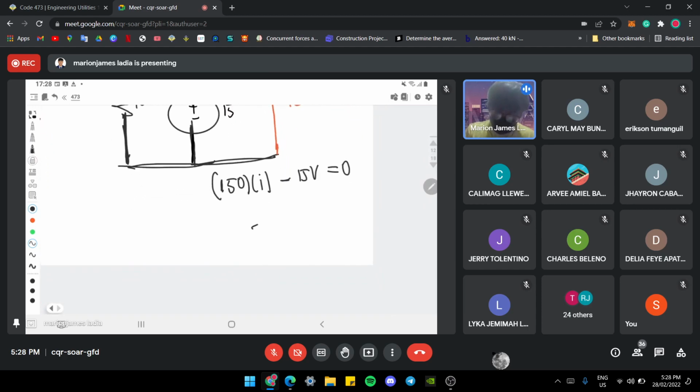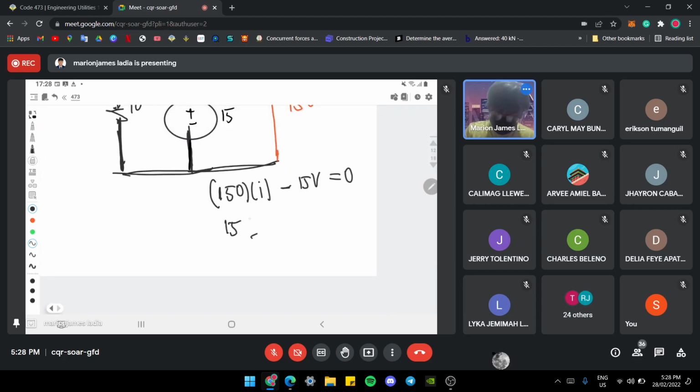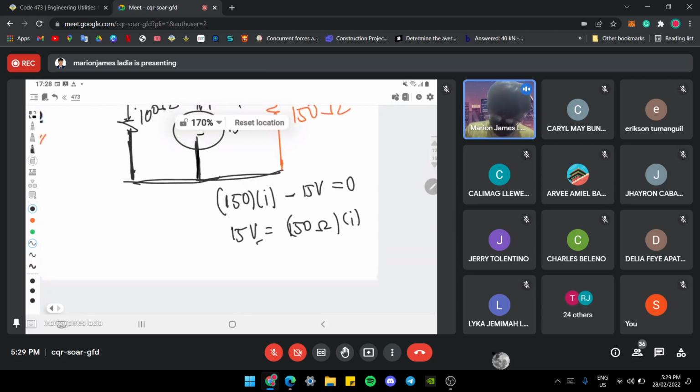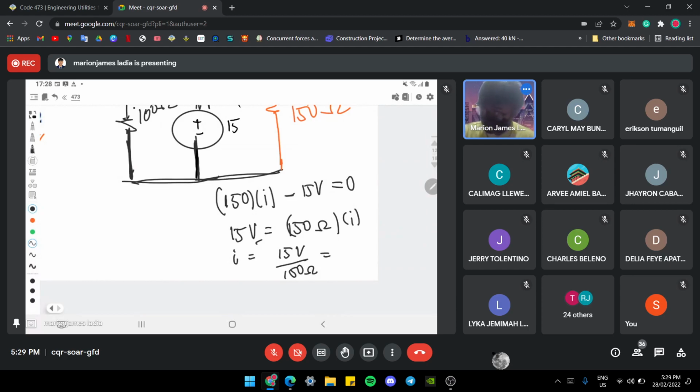So therefore, from here, 15 volts is equal to 150 ohm multiplied by my I. So therefore, I is equal to 15 volts all over 150 ohm, which is equal to, syempre, 100 milliampere.